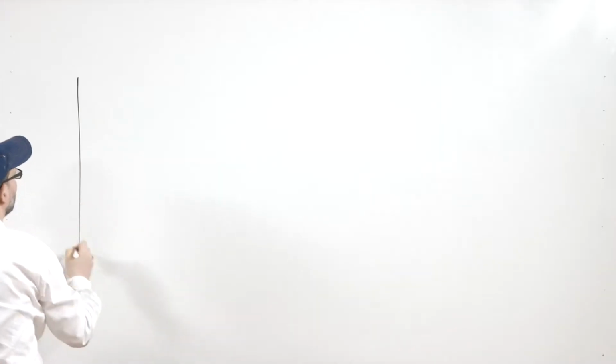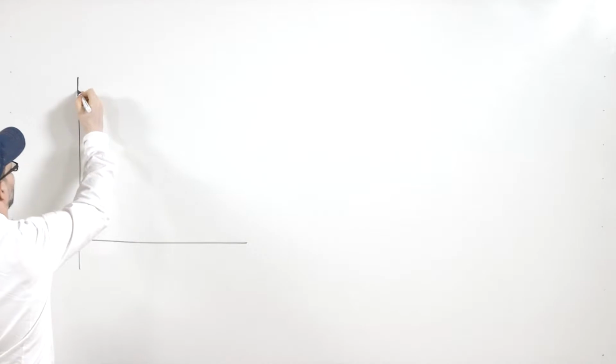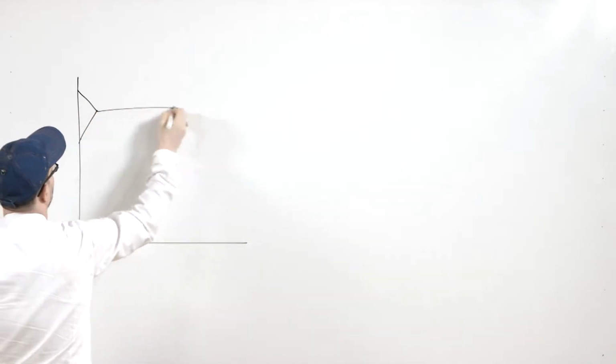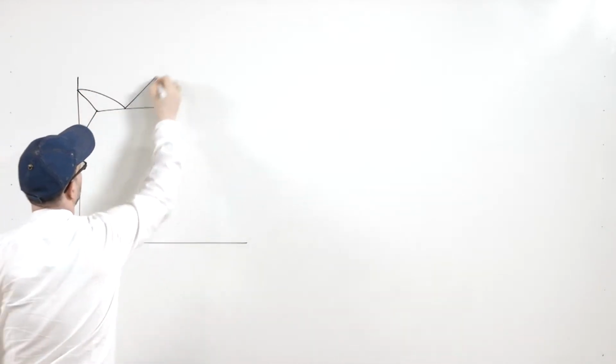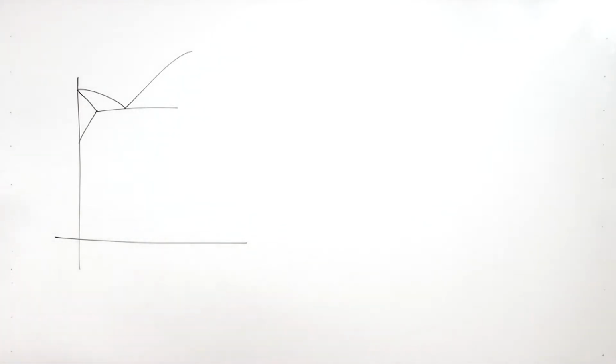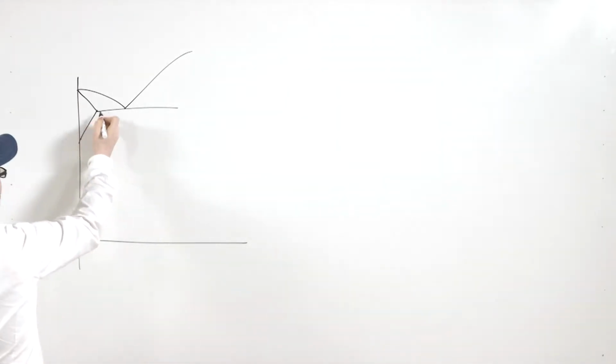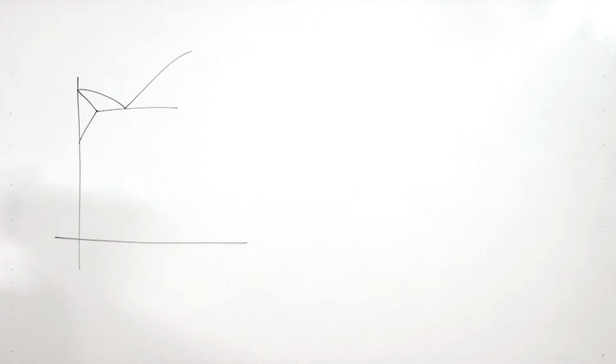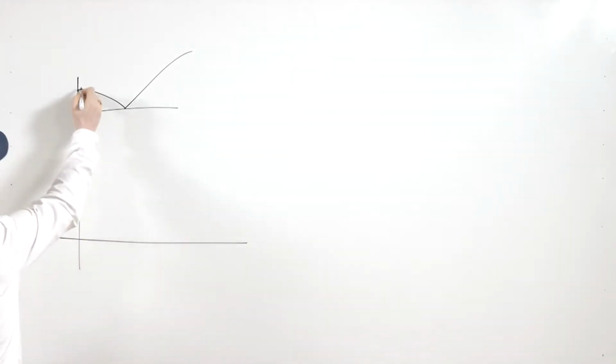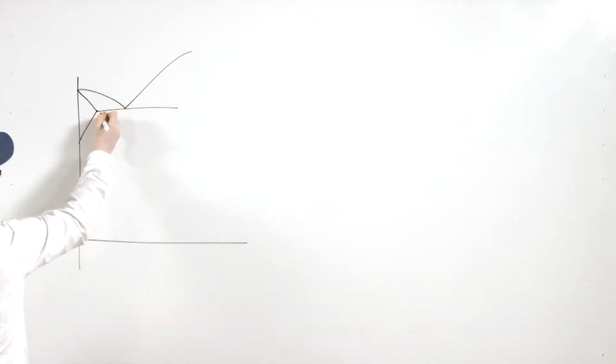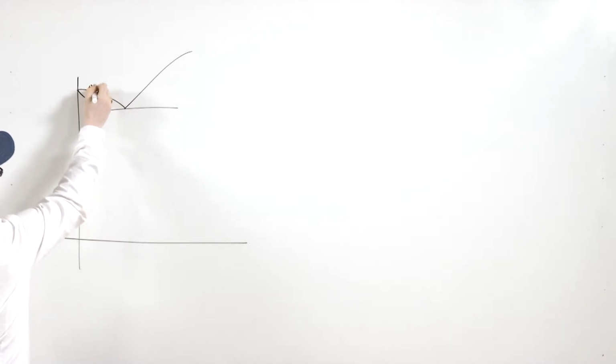So, this is the iron carbon diagram. Here this is the lower critical temperature of 723 degrees centigrade, and this is your upper critical temperature, the A3 line. So, this is your A1 line and this is your A3 line.